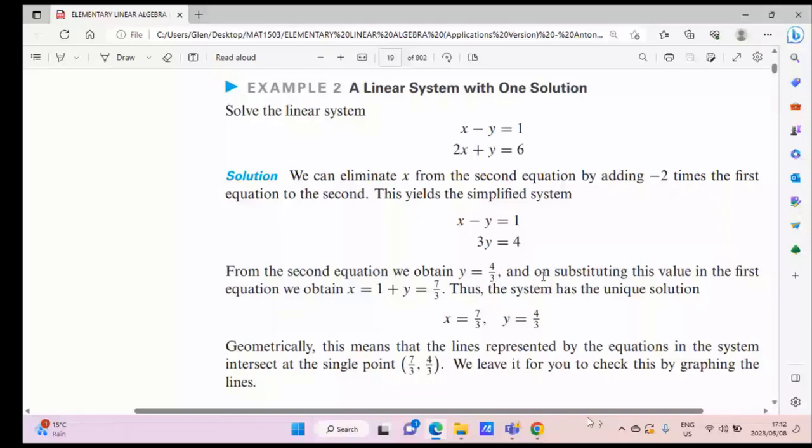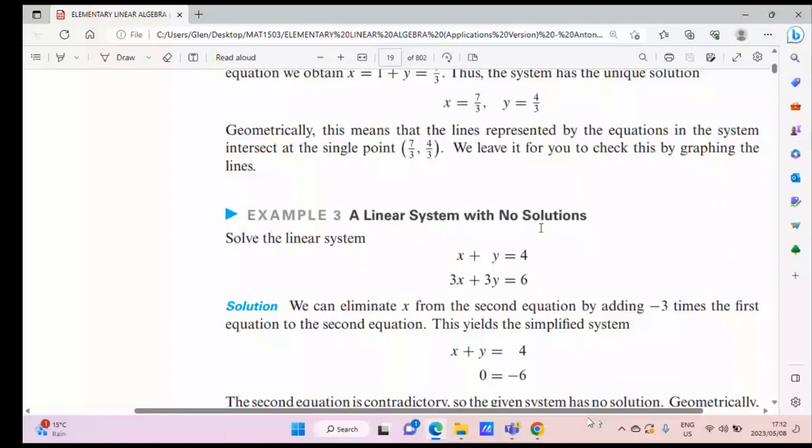Now, in this next example, the system is x plus y equals 4, 3x plus 3y equals 6. We do the very same thing. We write this system in matrix form.